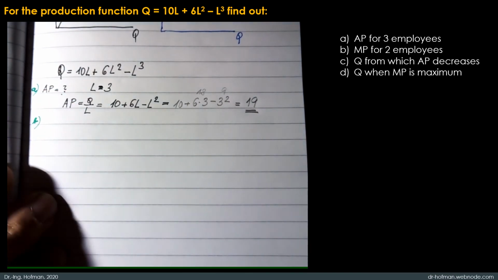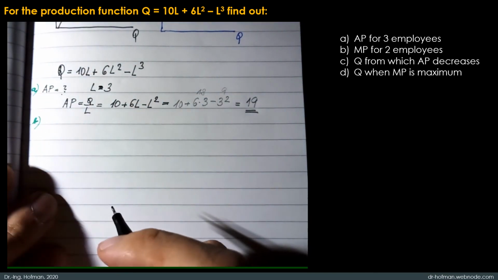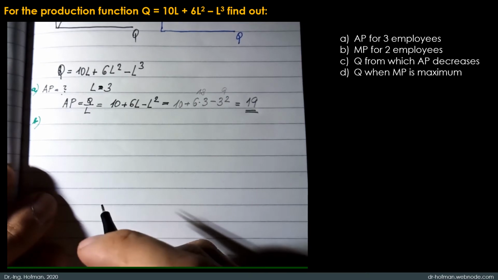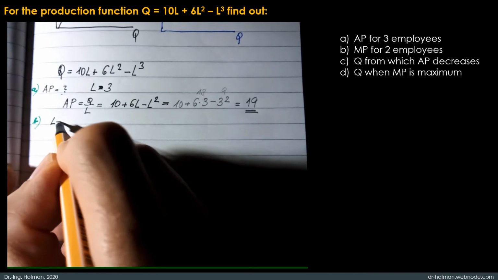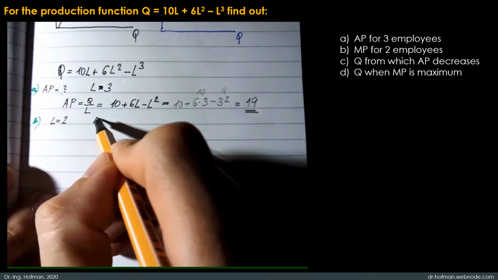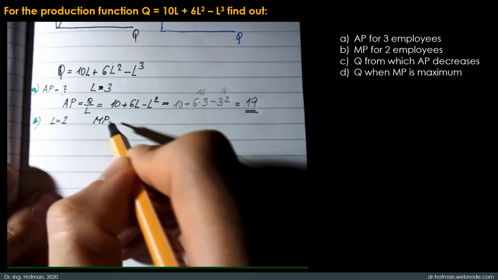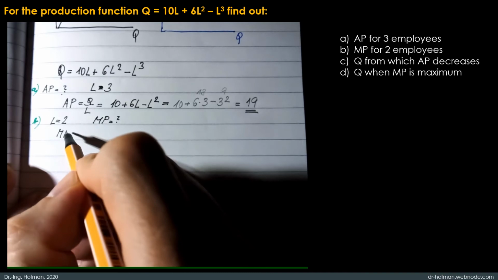For question B, we should answer how much the marginal product is for 2 employees in the case of the same production function. When we have 2 employees, L is 2, and we calculate the marginal product.